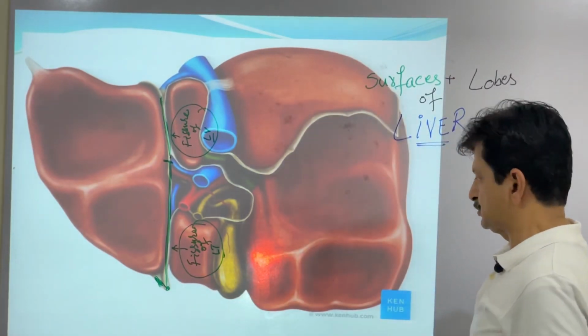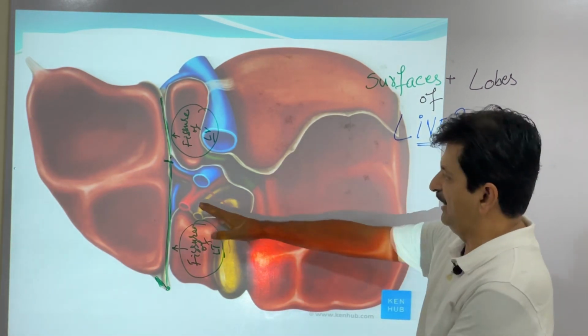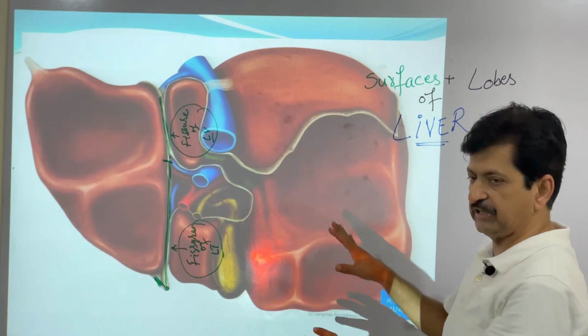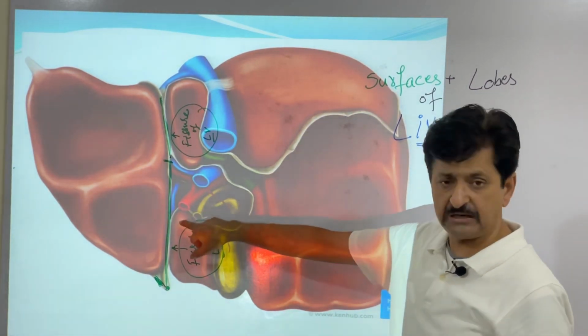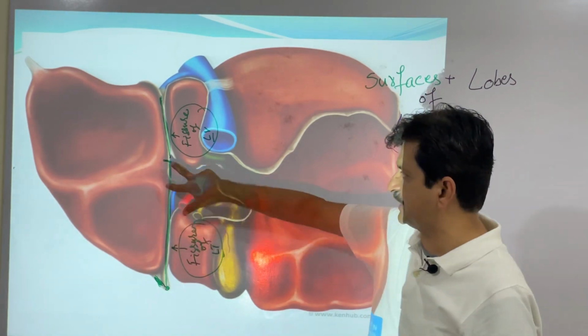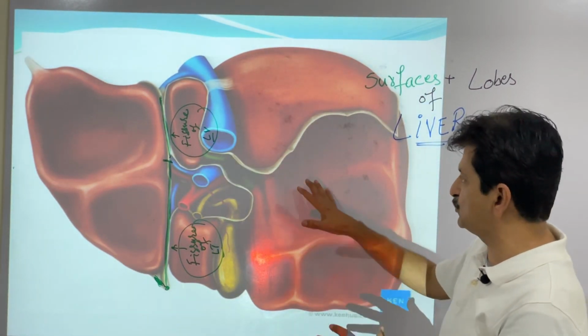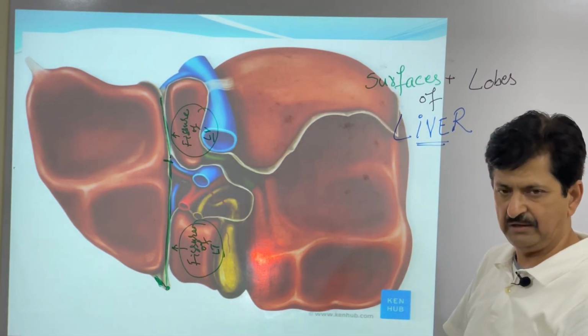So this will be here like this, but if you are actually going to this huge right lobe on the visceral surface, especially, there are certain markings of the viscera. Two fissures already you have seen here. But at the same time, I will be showing you on the visceral surface two important impressions of two important viscera.